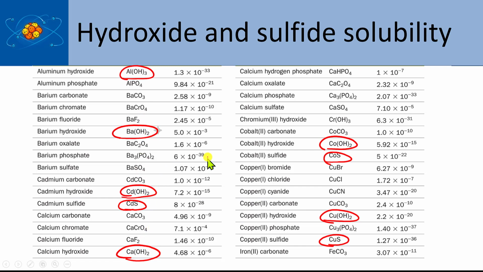Another class that you see a lot of is carbonates, and carbonates and sulfides we'll essentially talk about together. But anyways, there's a lot of them, and these all have a common ion. The common ion for the hydroxides is hydroxide. So if you have hydroxide present in solution, it's a common ion, and it will affect the solubility.